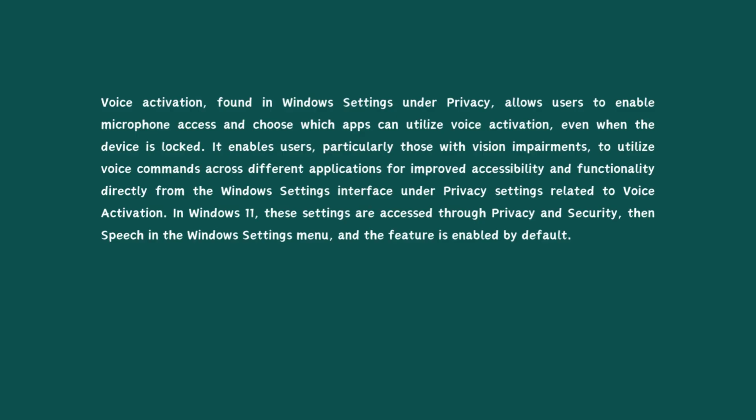It enables users, particularly those with vision impairments, to utilize voice commands across different applications for improved accessibility and functionality directly from the Windows Settings interface under Privacy settings related to voice activation. In Windows 11, these settings are accessed through Privacy and Security, then Speech in the Windows Settings menu, and the feature is enabled by default.